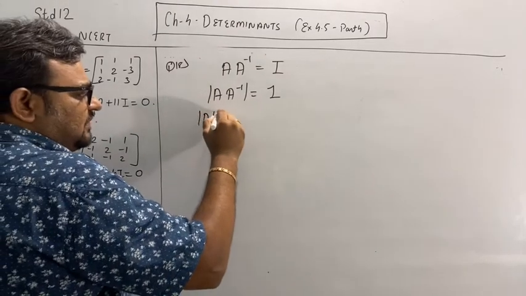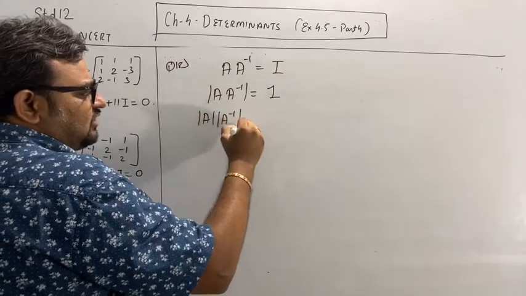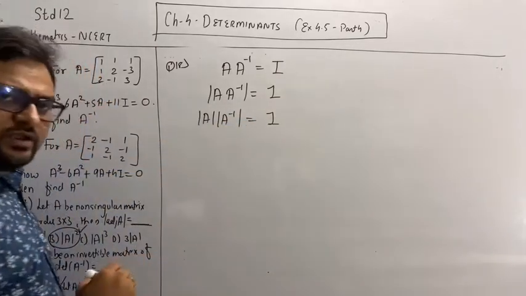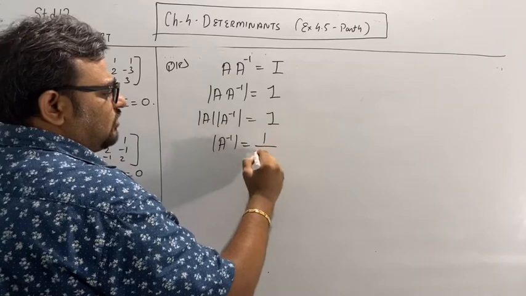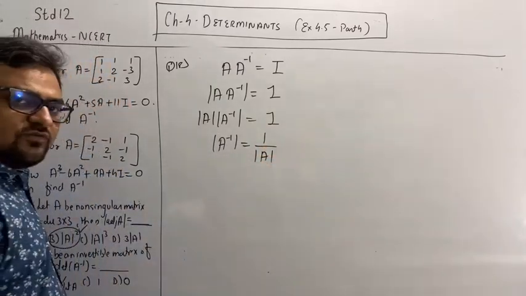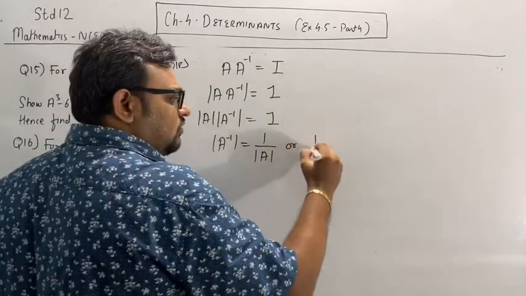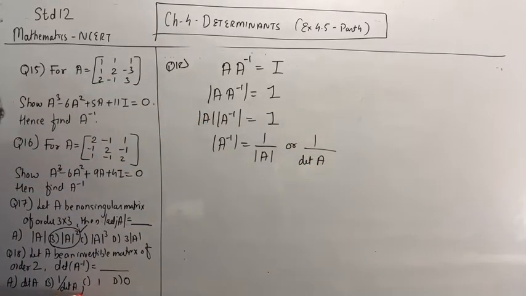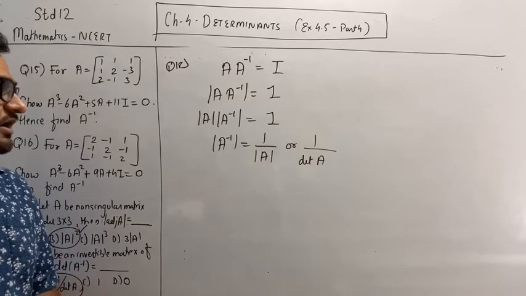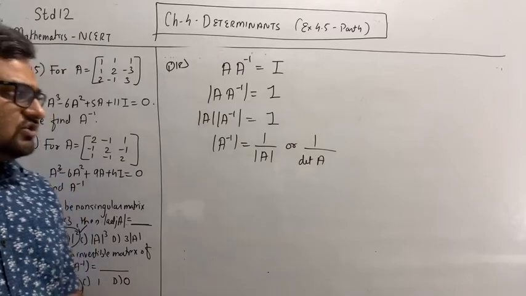So the determinant of A into the determinant of A inverse will be equal to 1. So I get this equal to 1 upon determinant of A. So option B is again the correct answer. Clear? Okay? So just note it down.